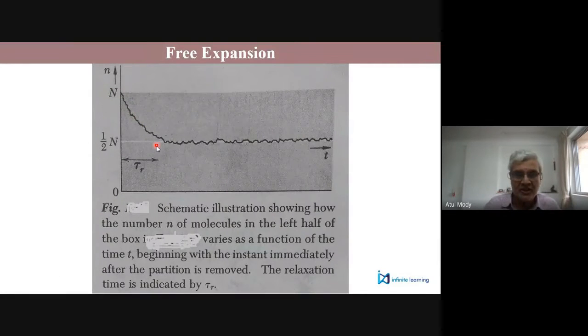Equivalently, if you plot the right one, they would increase, and eventually would settle at almost half of the molecules on the left side. The other half would have migrated to the right side. But you can see this zigzag pattern. Because of the random motion of gas molecules, the number of molecules keeps on fluctuating.